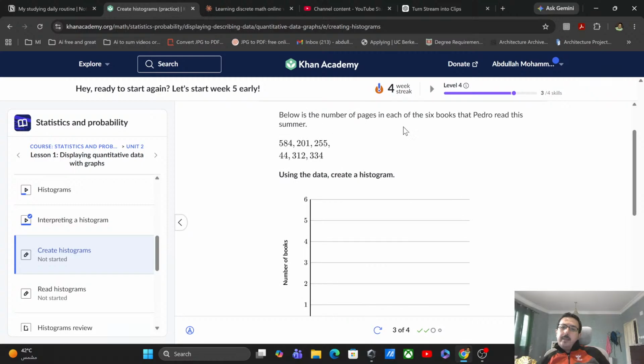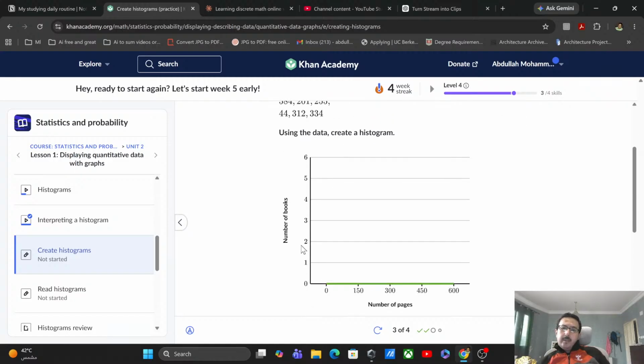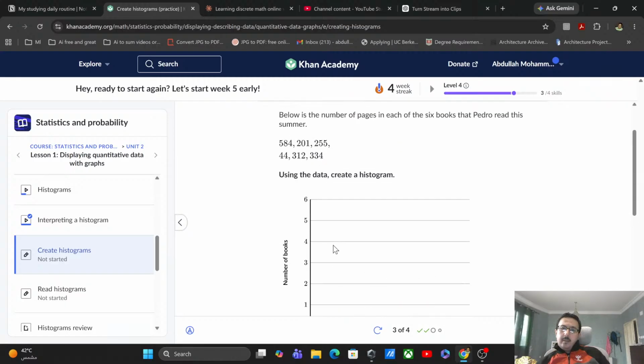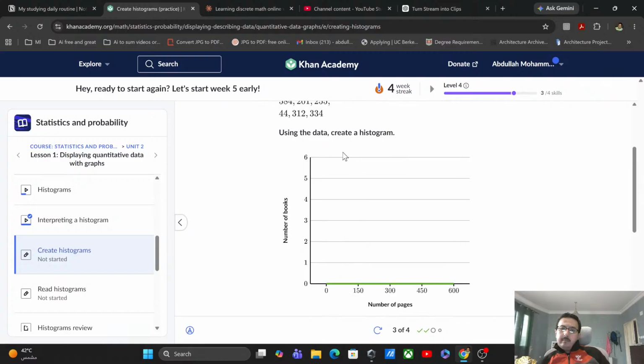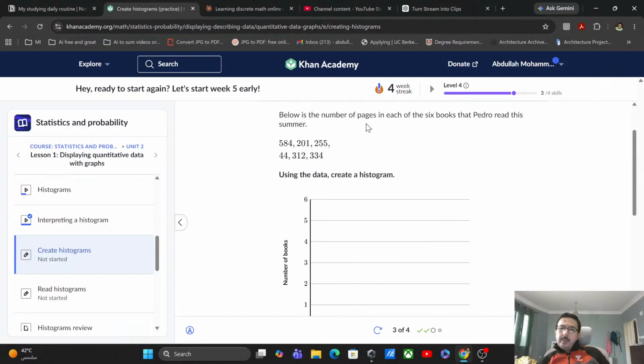Below is the number of pages in each of the 6 books that Pedro read this summer. Data: books, number of pages.